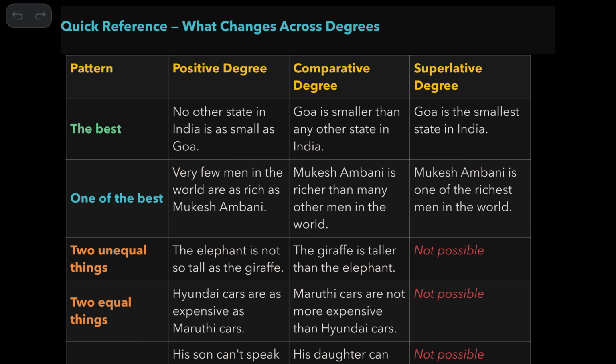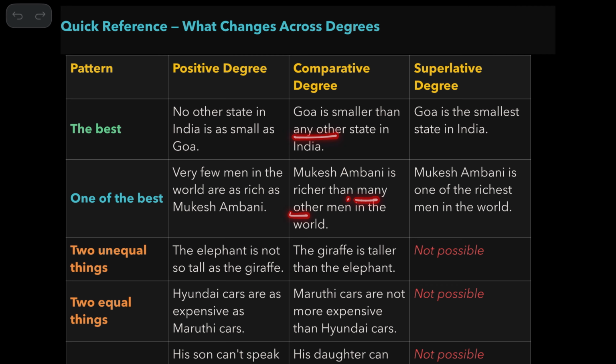And look at the structure also. Here you see it starts with "no other state," whereas here it starts with "very few men." Then you see "smaller than any other," and here you see "richer than many other." In place of "any other," you see "many other."